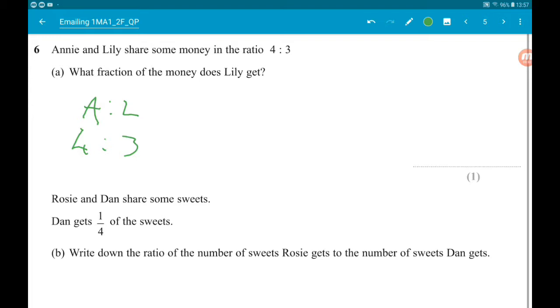So imagine they did only get £4 and £3, then altogether they have £7, and we want to know what fraction Lily gets. So Lily gets 3 of the £7. So 3 sevenths.